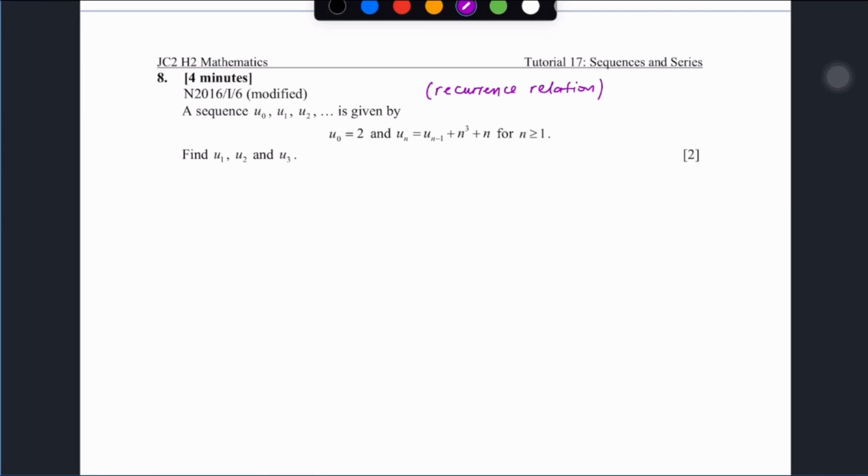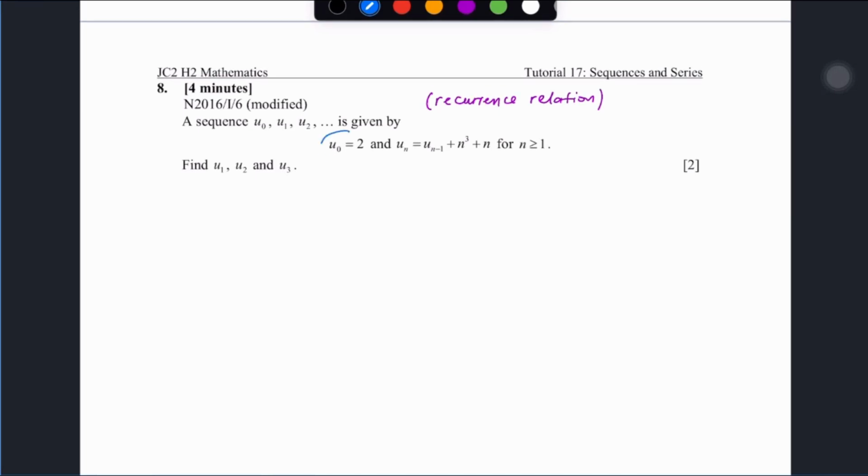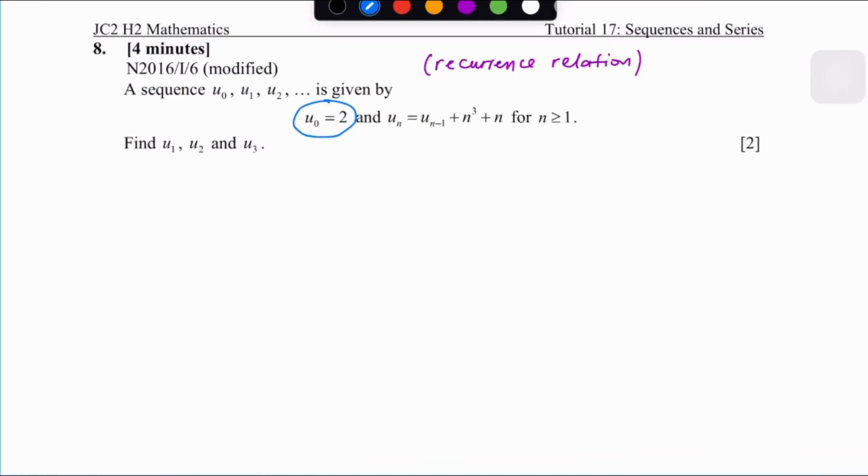Now for H2 Math, the recurrence relations that we'll be doing are the easy ones. In Further Math, we learn how to solve and get the general term, the general solution. But for H2 Math, we just need to evaluate. So let's see what this means. Here they give the initial condition u0 equals 2, and they are looking for un.